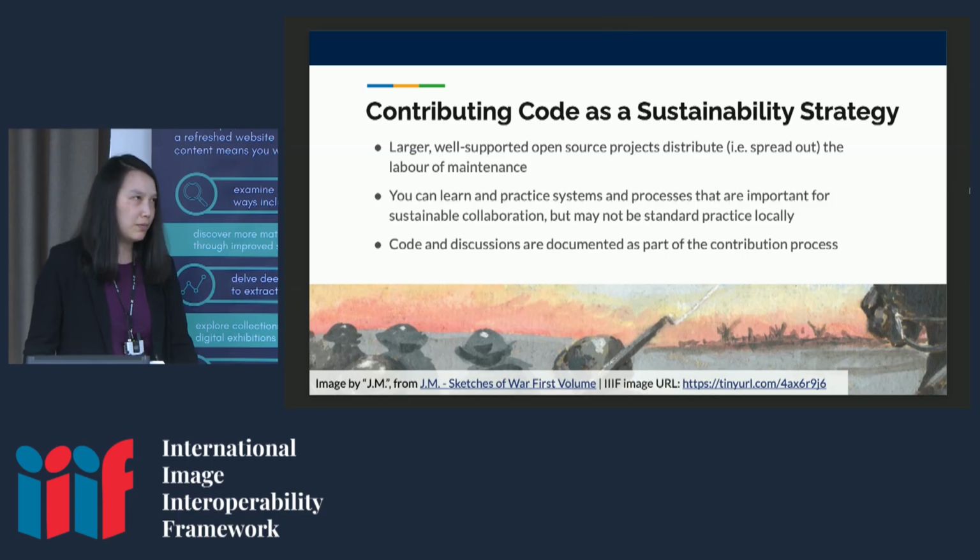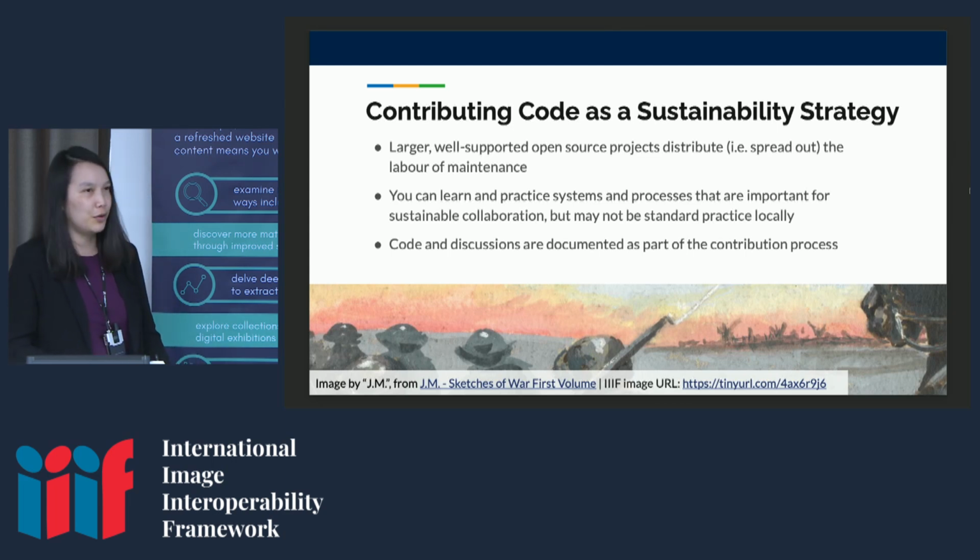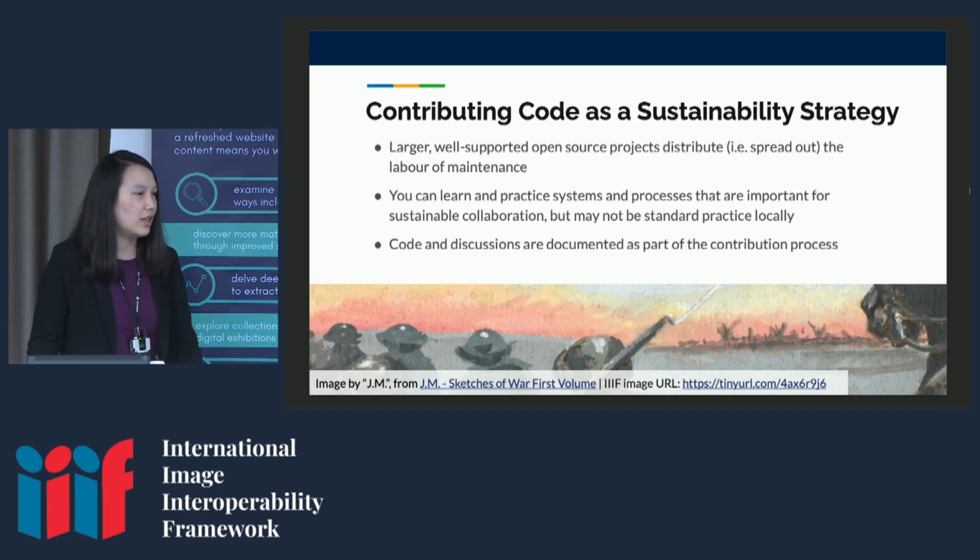So I think because so many of us work in public institutions, obviously contributing code is a good practice because it aligns with our values of open knowledge, et cetera, contributing to the community. But one thing that I found also, especially as a small-ish institution, is that it's also a good sustainability practice.